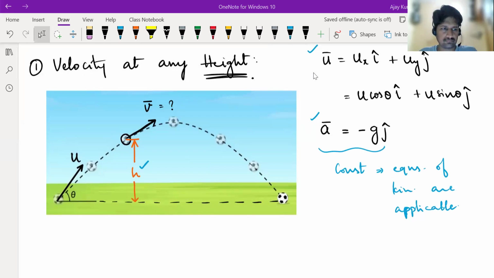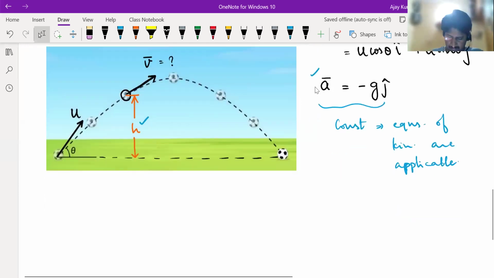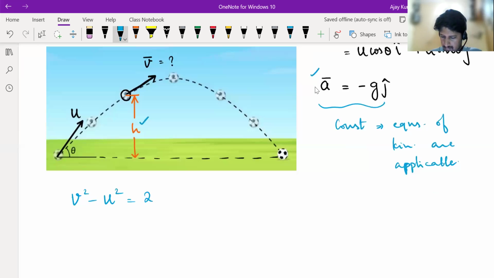Sir, v square minus u square is equal to 2as. You want to use v square minus u square is equal to 2as. Let's see. Listen, all of you. Let's consider that suggestion. Pawan, what is our aim? What do we want to calculate?